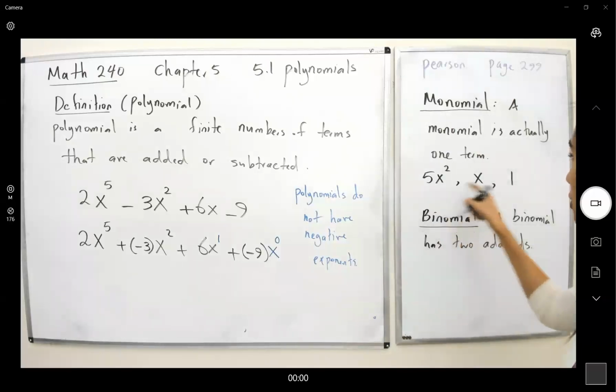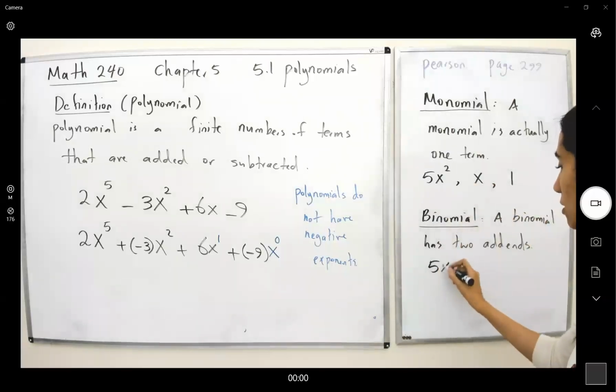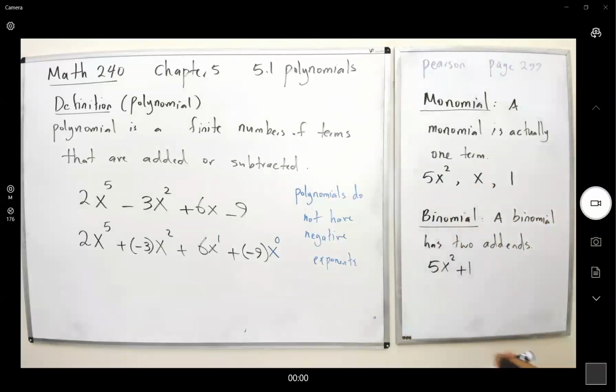For example, if I take 5x squared and 1, I'm actually forming a binomial. 2 addends, 2 terms. Or I can just easily say x and 1, and I can form another binomial.